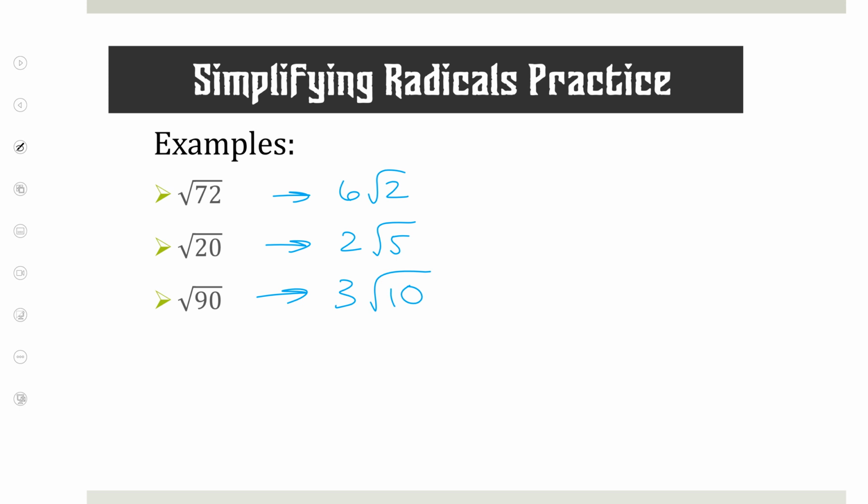We'll be talking about the difference between an exact answer and an approximate answer. So when you simplify your radicals, those are considered exact answers. If I ask you for an approximate answer, you're going to plug that into your calculator. So just for practice, tell me what the approximate answer is for the first one. What is 6 square roots of 2 as a decimal? Just to make sure you can do that on your calculator.